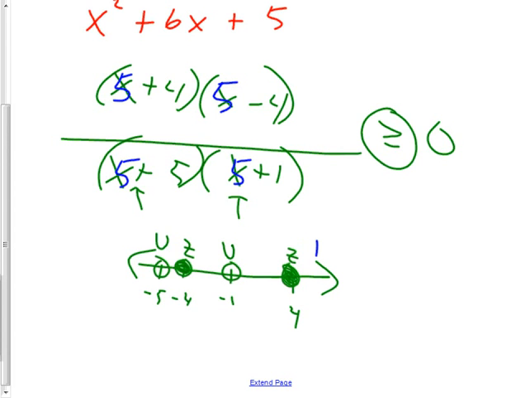All right, and to keep us from having to test all the intervals, would you tell me where else came out positive? Did anybody else find another place? This little zone right there? Okay, and the way left one? It often goes every other one, but you can't count on that. So then it's from negative infinity to negative 5, from negative 4 to negative 1 with a bracket on the negative 4, and from 4 to infinity with a bracket on the 4.